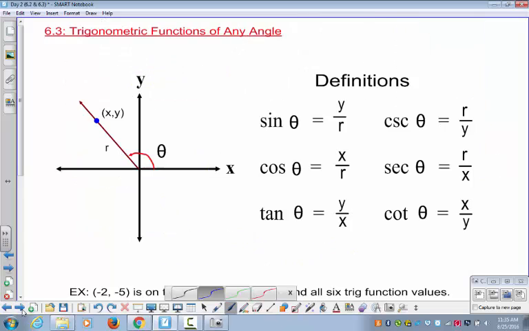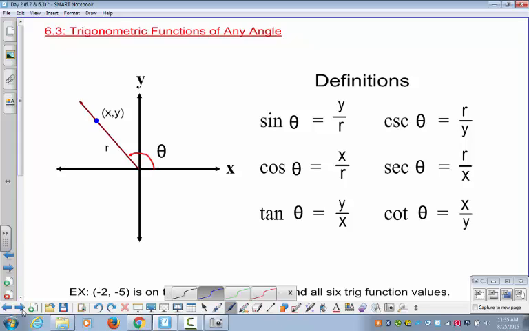All right, next one. Now in 6.3, we broaden our horizon, and we're going to find the trig function values for any angle. Theta can be any real number. It can be 1,000,000, it can be 50, it can be -50, -100.